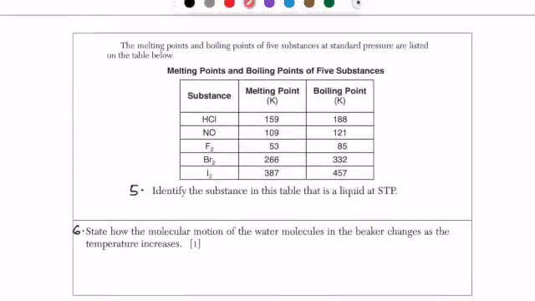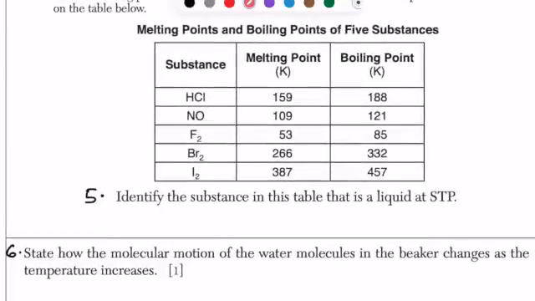So identify the substance in this table that is a liquid at STP. The only thing that we have here to make a comparison is the melting points and the boiling points. We do know, based on our prior knowledge, that some of these things, fluorine, bromine, iodine, we know they are gases. Bromine is a liquid, by the way. We know for sure fluorine is a gas.